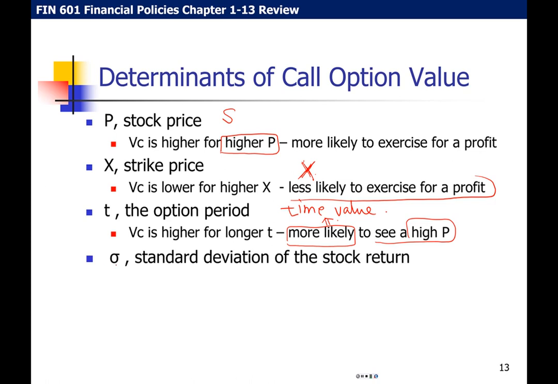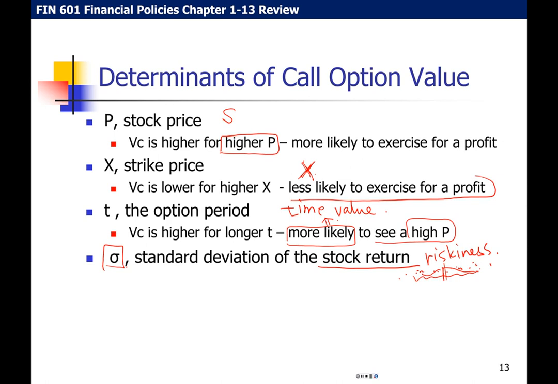The next one is the standard deviation of the underlying stock returns, the riskiness of the stock. What do you think? If the stock is risky, it varies from a mean, so it can jump around with a larger distance from the mean.